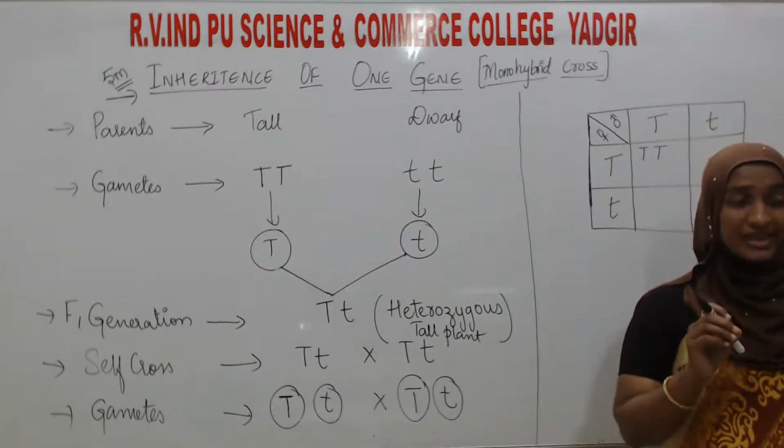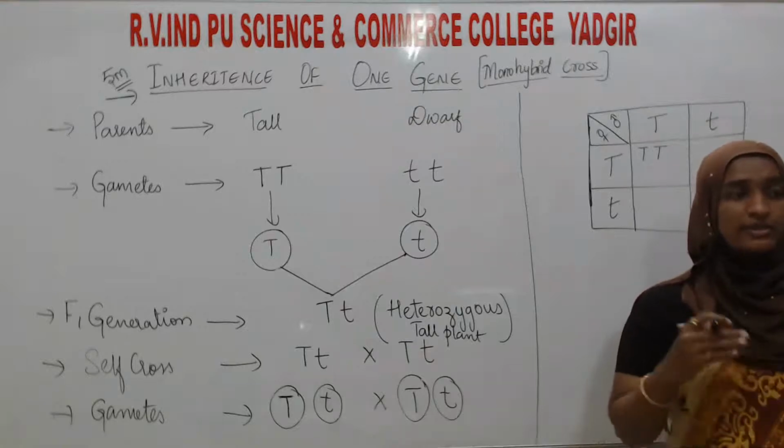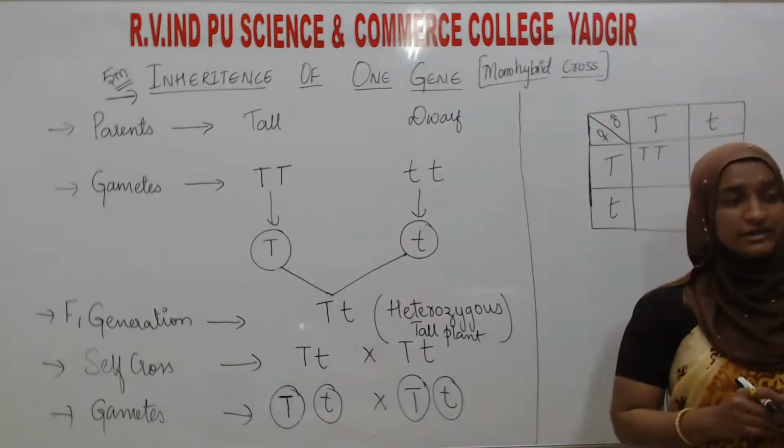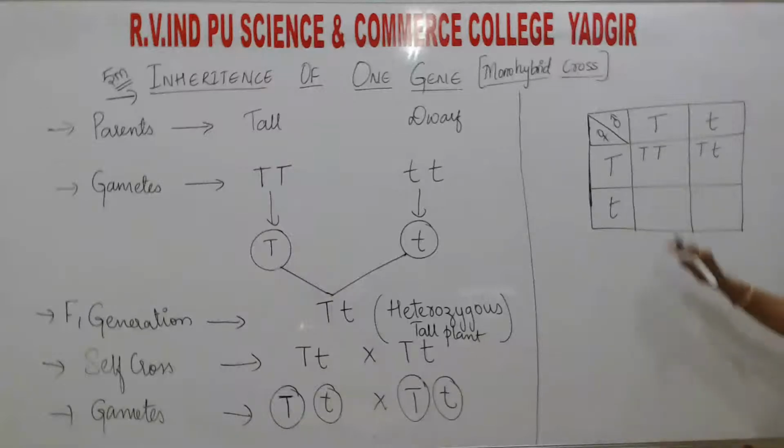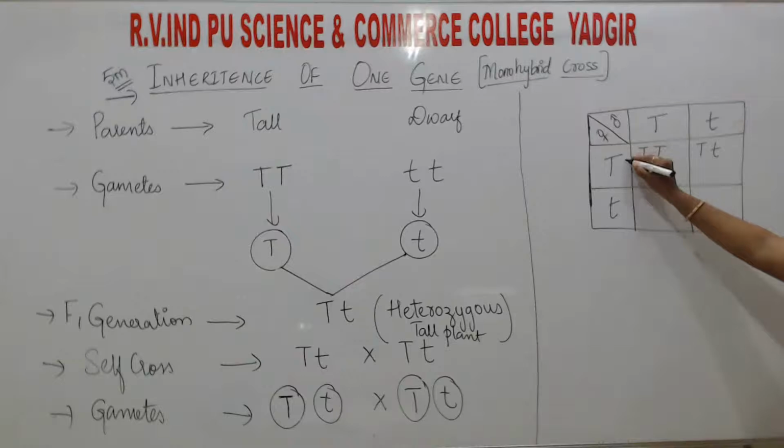That means always the capital letter should be written first, and next we write the small letter. So here you see capital T, small t. Then capital T into small t. First we cross like this, then like this.